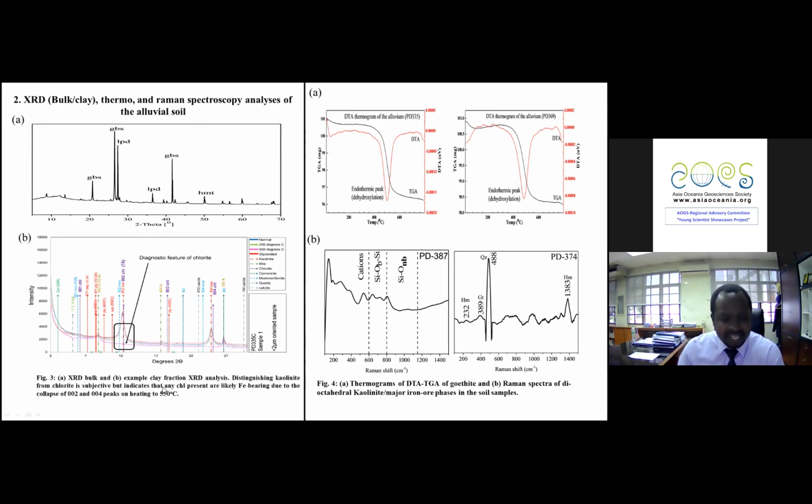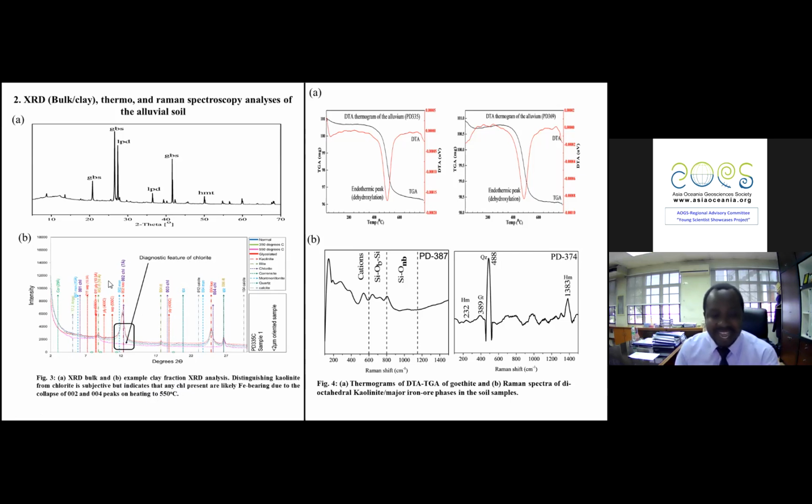Figure 3b shows a clay fraction XRD analysis, and the result shows non-swelling clays in all the samples with clear diagnostic features of chlorite. Although distinguishing kaolinite from chlorite is subjective, it indicates that any chlorite present are likely iron-bearing chlorite due to the collapse of 002 and 004 peaks on heating to 550 degrees Celsius.